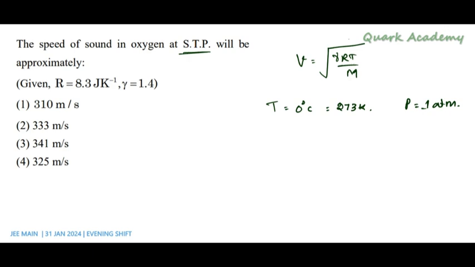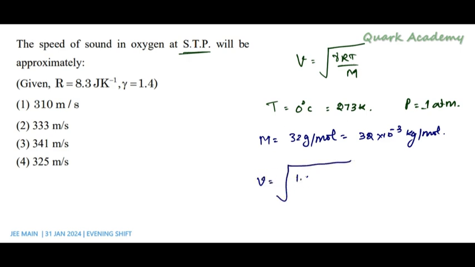And second one is the mass. Here we need to find the molar mass of oxygen, and this is not oxygen atom, this is the oxygen molecule. So its molar mass is going to be 32 gram per mole. If I convert this into kilogram, then it will become 32 into 10 power negative 3 kg per mole. Now let's substitute everything.